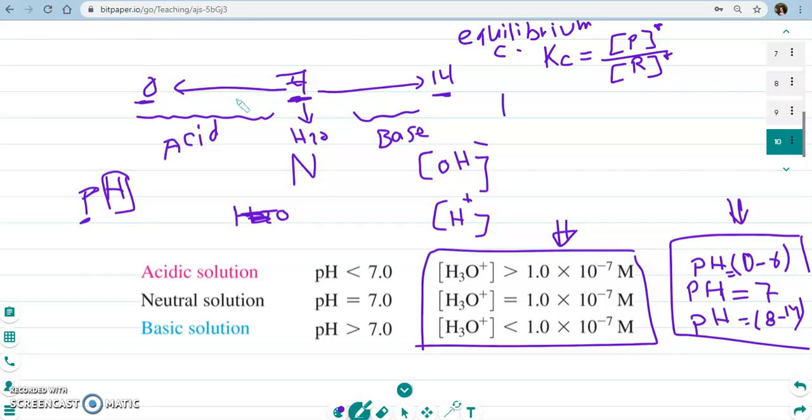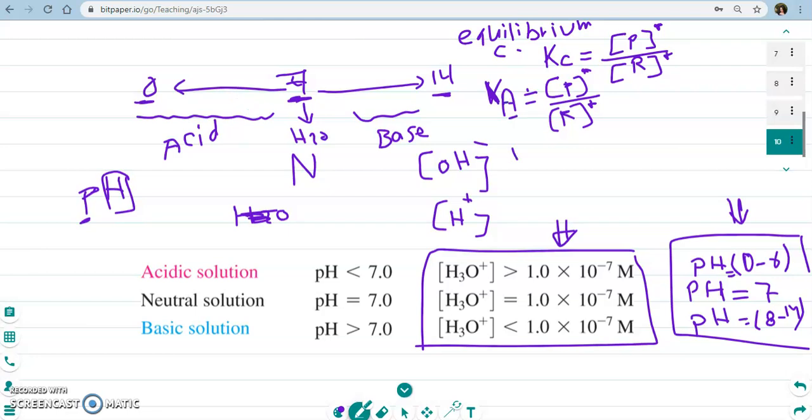The acidic constant, or the Ka, is the same thing: products to the power of the coefficient over reactants to the power of coefficient. And we call this the constant for the acid.